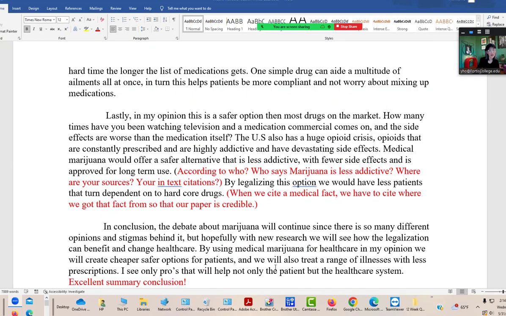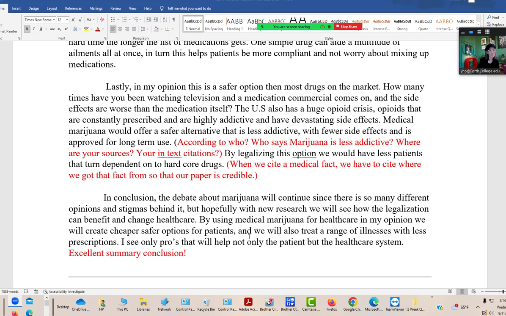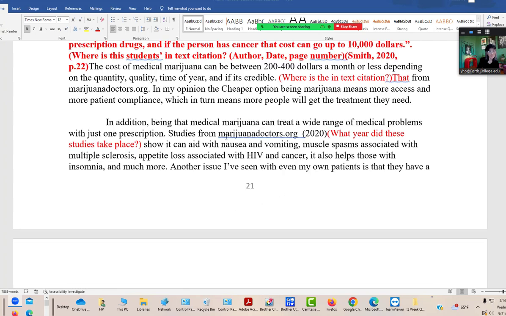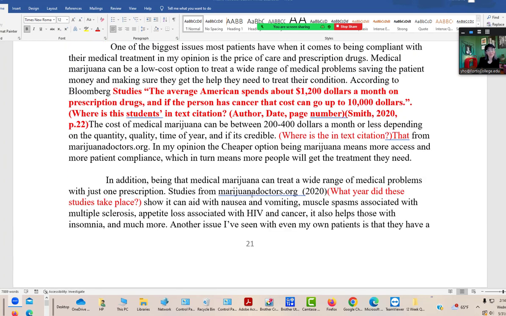This is from past students and people who forgot to put in their in-text citations. Notice how this person had an entire, "this studies from." Do we put web addresses in the middle of our essay? No, we put web addresses in our reference citation. And here, he forgot his in-text citation.